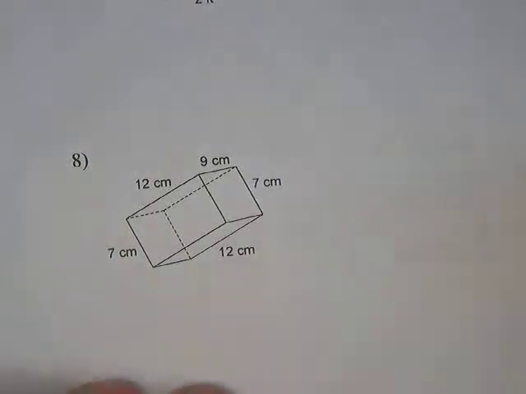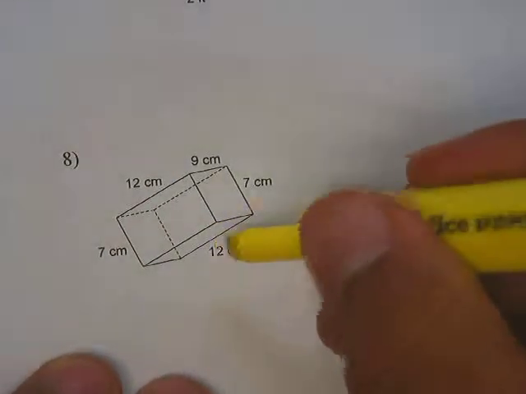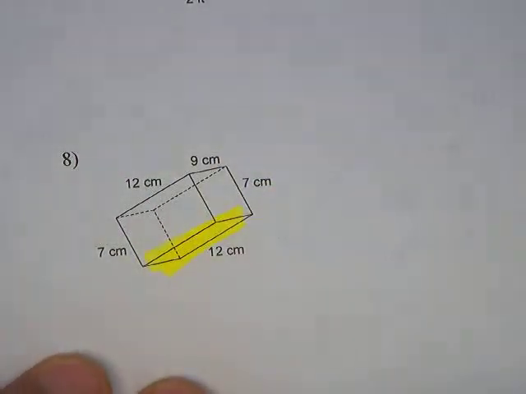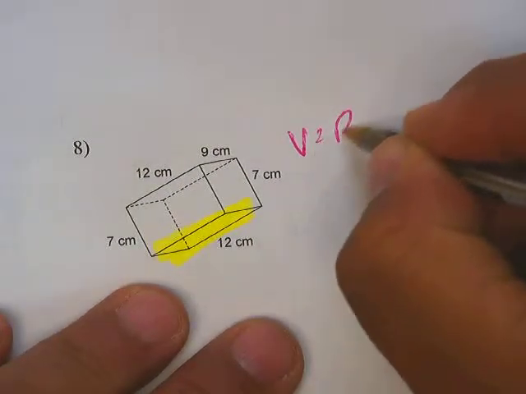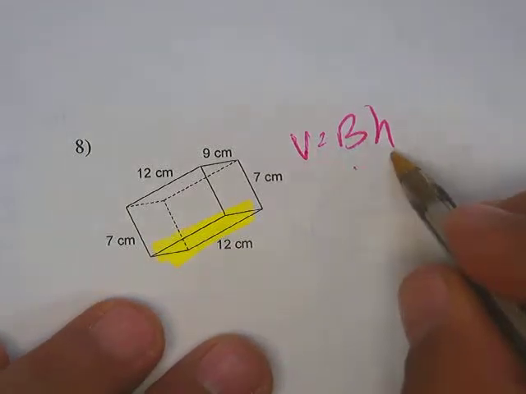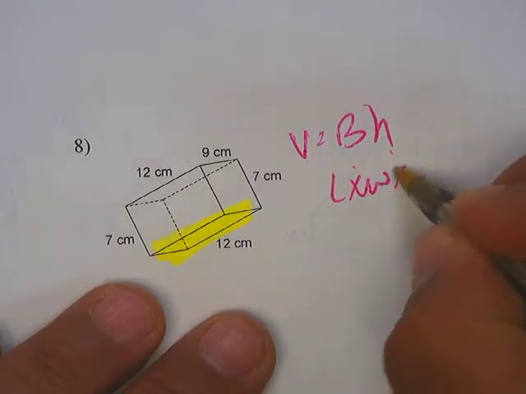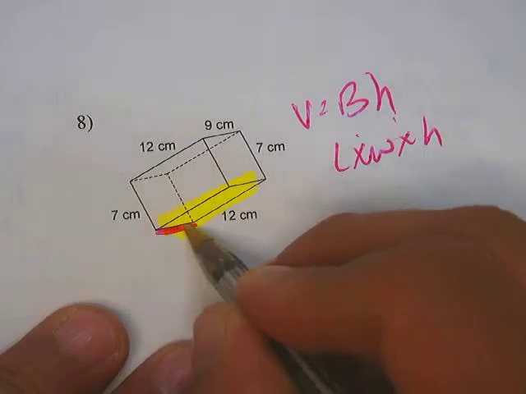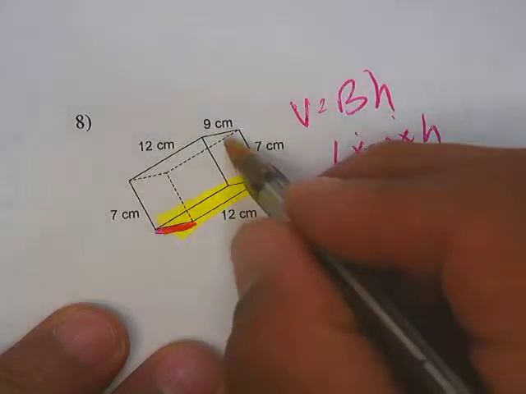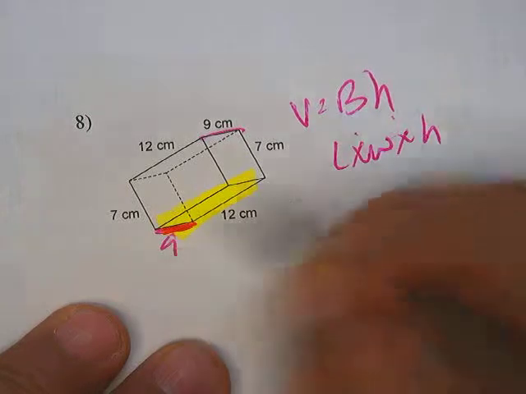Okay, again, this one here, I'm going to say this is the base. Okay, if that's the base, then I'm still going to do the same thing. Area of the base times the height, but this is actually length times width times height. So then I need this. What is this measure? Well, I can see that this is the same as this. So that's 9.